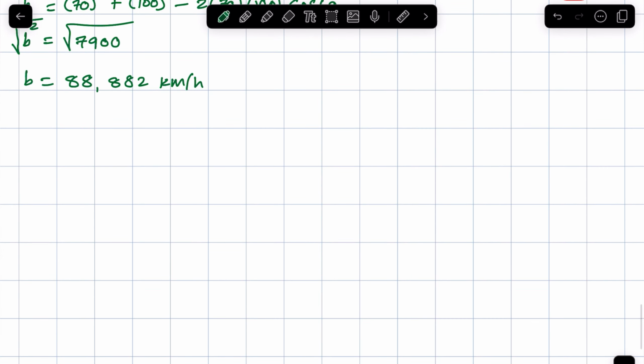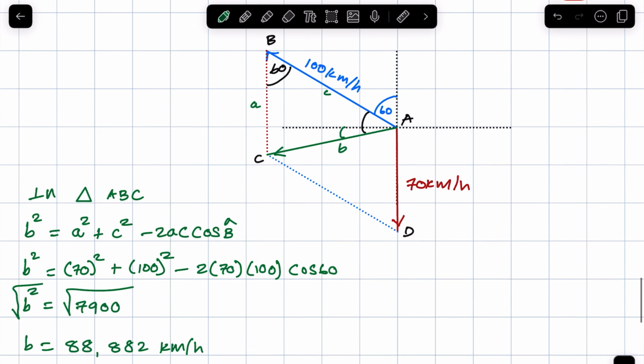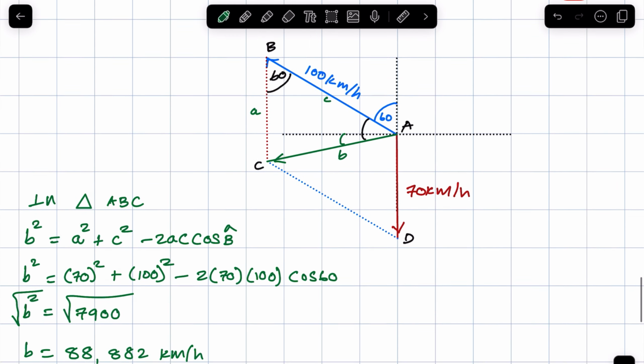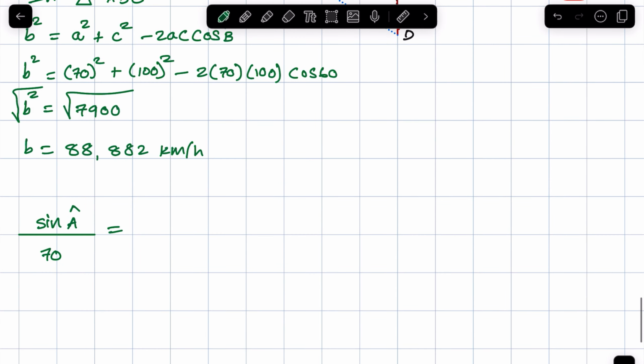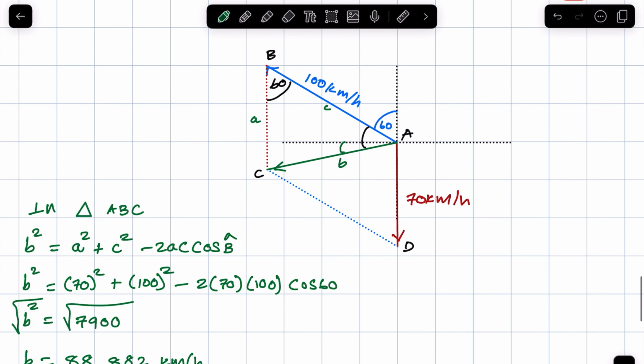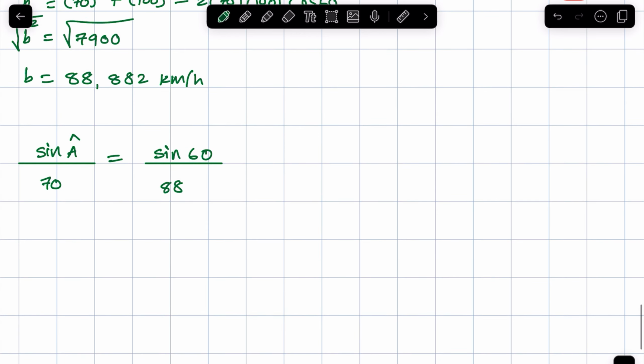So sine A over A, which is 70, is equal to sine 60 over the velocity of P relative to A, the 88.882.